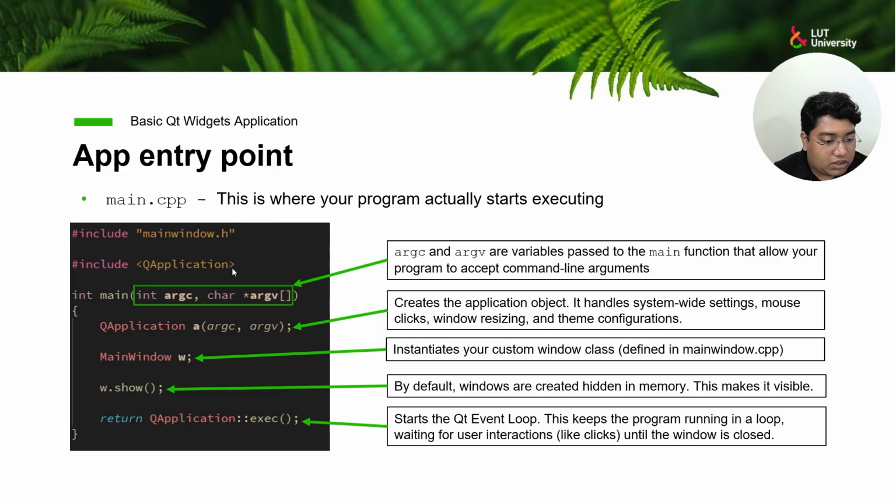You may also notice the argc and argv parameters. These are the same command line arguments that ordinary C++ programs receive. Qt simply forwards them into the QApplication object in case they are needed.